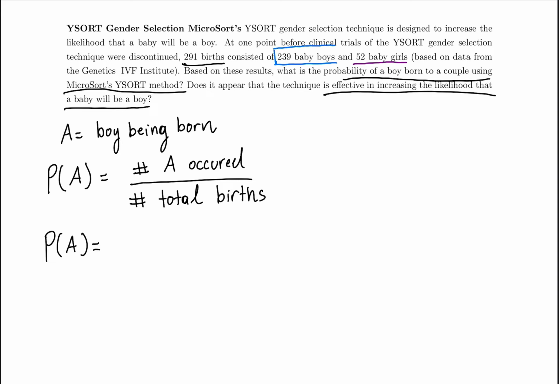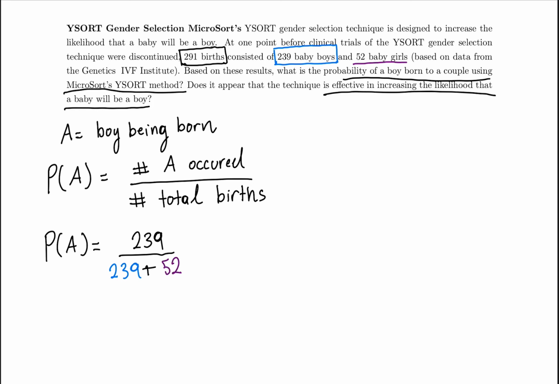So the total of boys being born would be 239 over how many births were there in total? Well, even though it gives it right here, we can verify by adding up the number of boys being born and the girls being born.